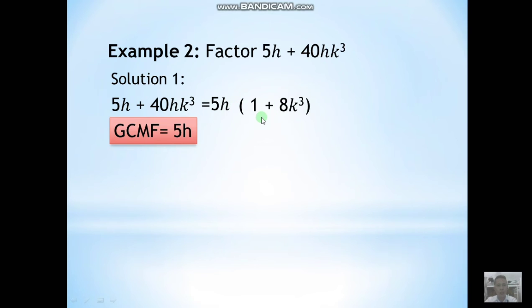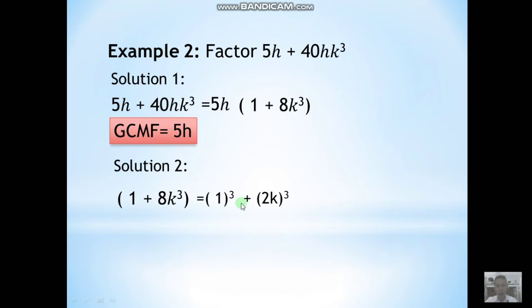And then for solution number 2, we will focus only on this expression, because it is what we call a sum of two cubes. So we will first express it in exponential form to the power of 3 before applying the formula or the pattern. This is the exponential form of 1, multiplying 1 by itself 3 times.